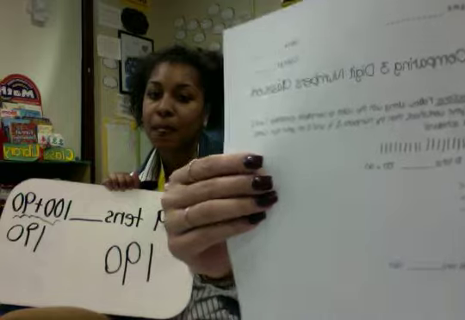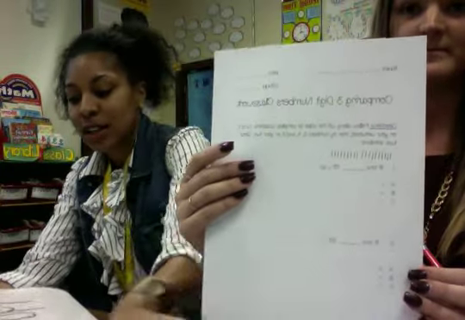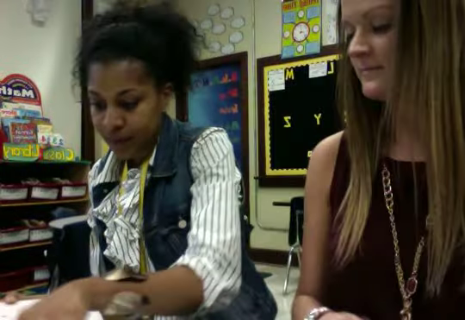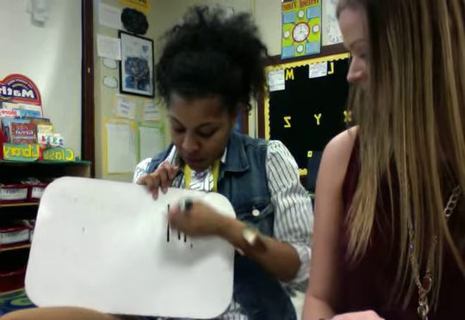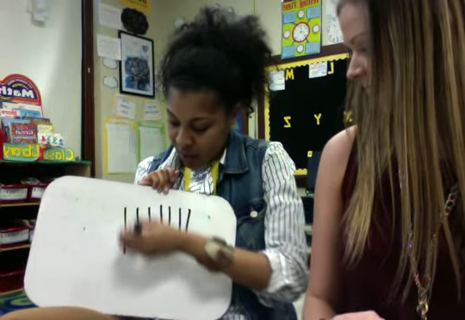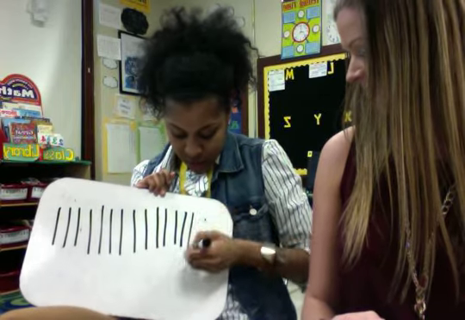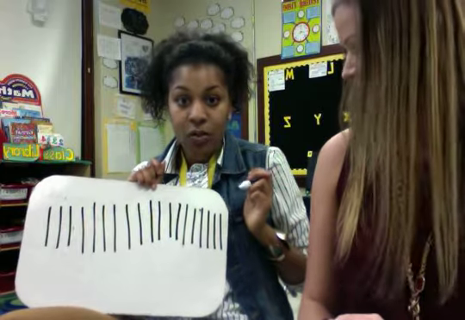What should she do with her 10 tens? Well, let me model it for you. I'm going to draw my 19 tens as well. 1, 2, 3, 4, 5, 6, 7, 8, 9, 10, 11, 12, 13, 14, 15, 16, 17, 18, 19. Those are my 19 tens.